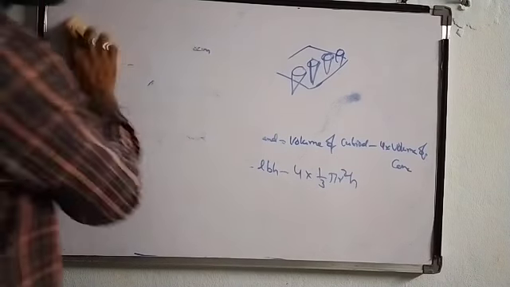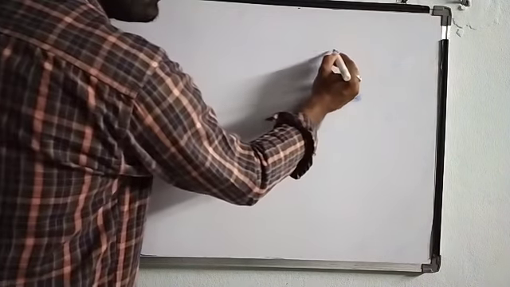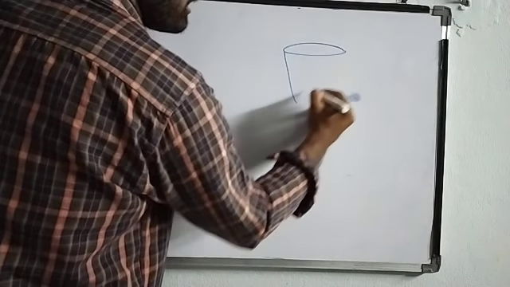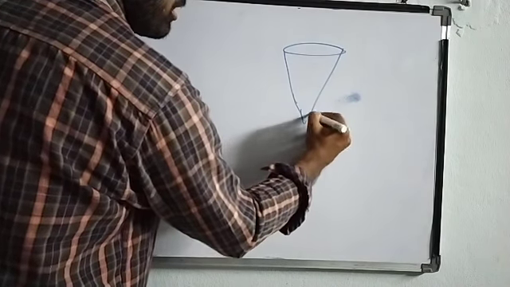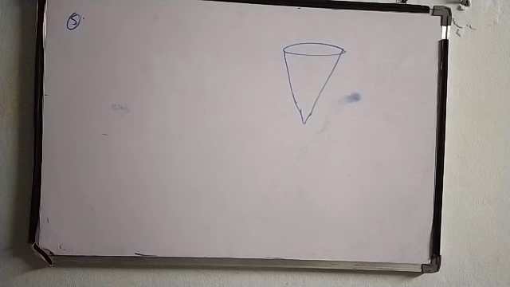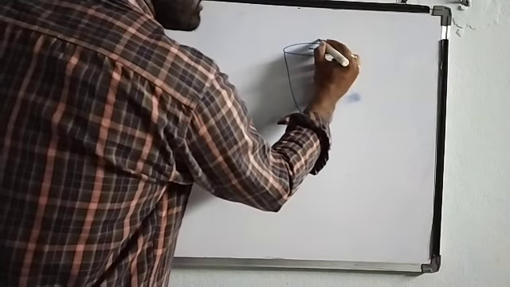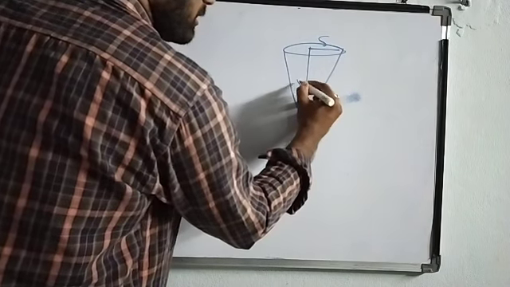Next, fifth question of exercise 13.2. So he is saying that a vessel is in the form of an inverted cone. So this is the inverted cone. Like this, there is a vessel of height 8 and the radius of its top is 5. So radius is 5 and height is 8.